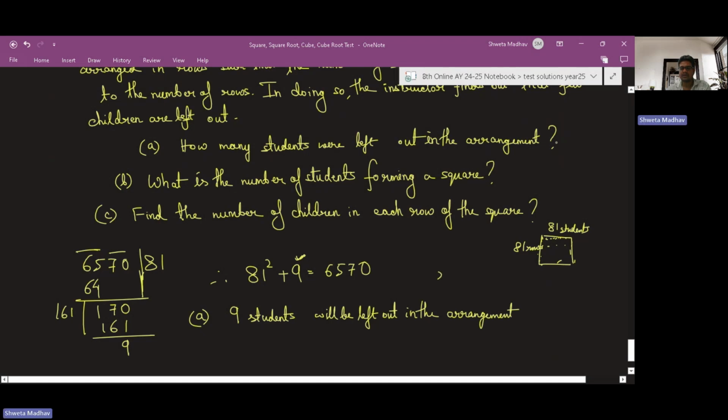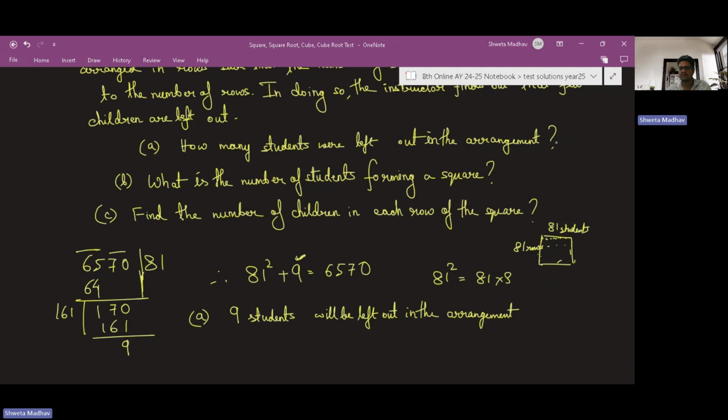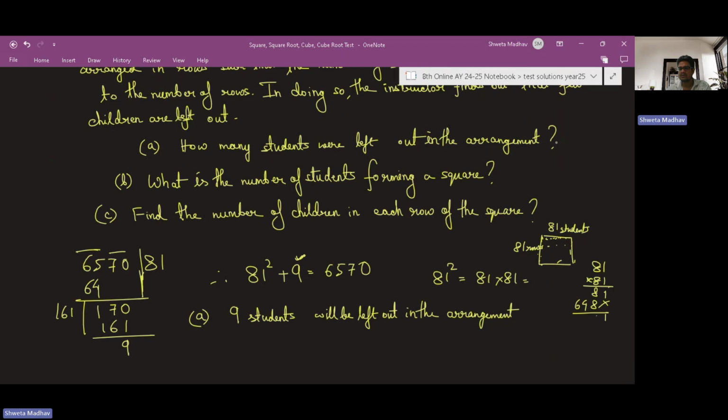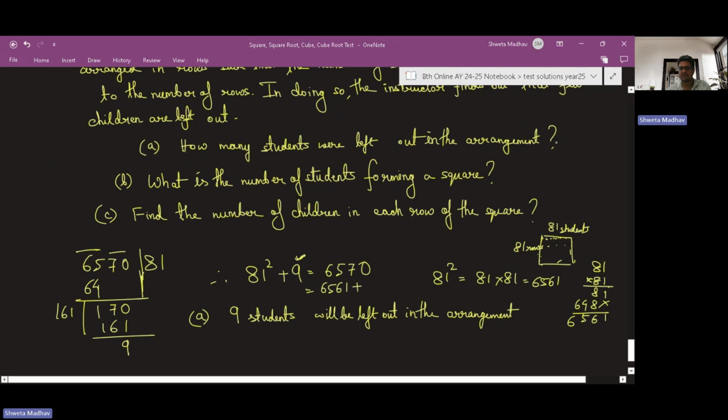Since 81 square is 81 into 81, 1 times 1 is 1, 1 times 8 is 8, and 8 times 8 is 64. So this will be 6561. So obviously we can see that 6570 is 6561 plus 9.